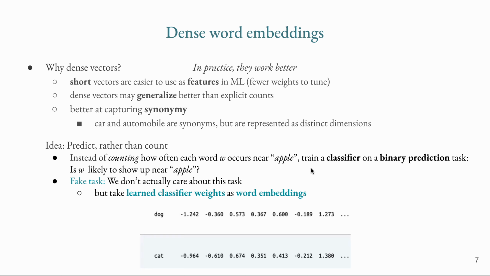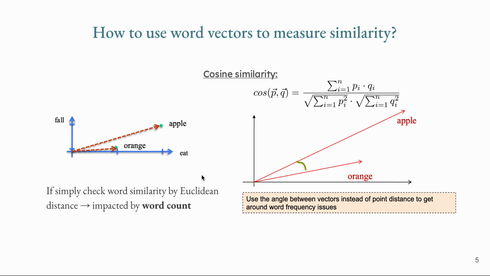This prediction task is actually a fake task. We don't actually care about this task, but what matters is that we take the learned classifier weights of this classifier we have trained and use them as word embeddings. So this is what the word embeddings will look like, instead of the explicit counts like this.